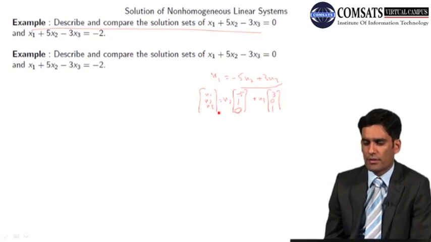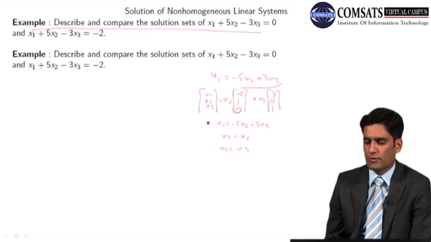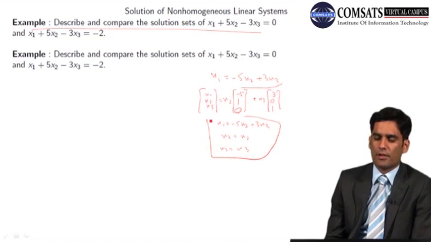If you solve this vector equation, you will exactly have this solution. In fact, you will have x1 equals -5x2 plus 3x3, x2 equals x2, and x3 equals x3, which is the solution of the homogeneous equation, this equation.